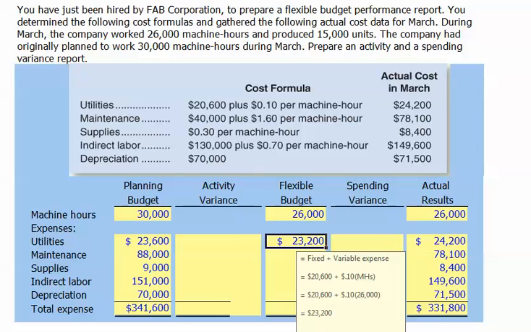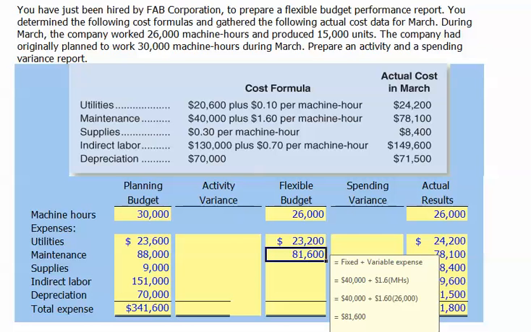Our maintenance cost, again, has a fixed component of $40,000 and $1.60 per machine hour. So $1.60 times, again, our actual machine hours of 26,000 hours gives us $81,600.